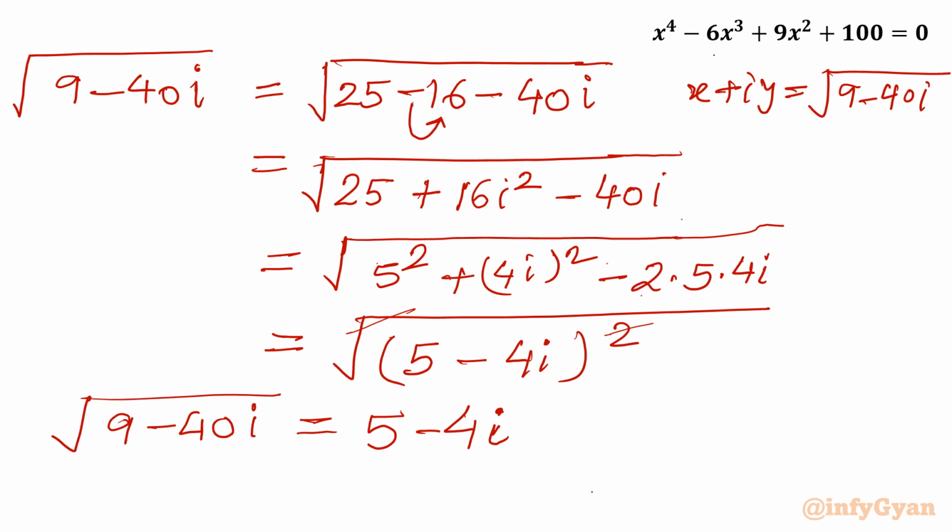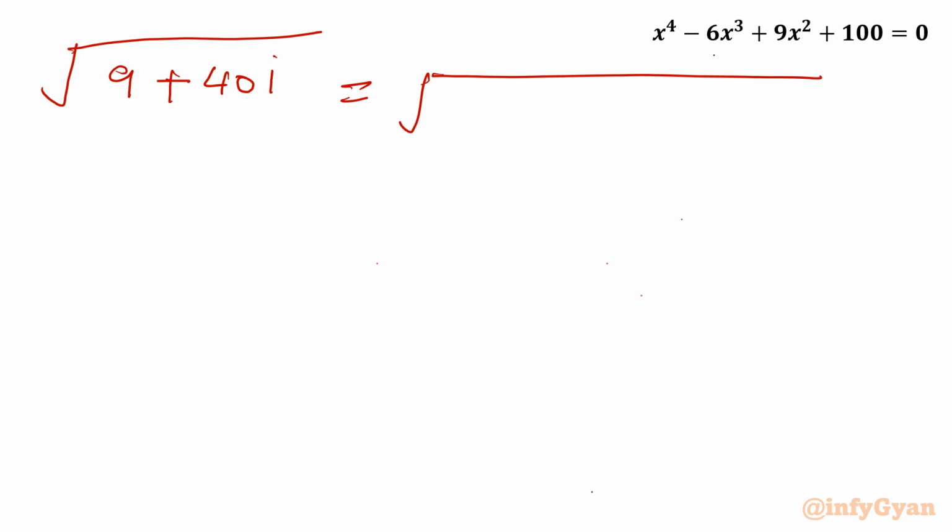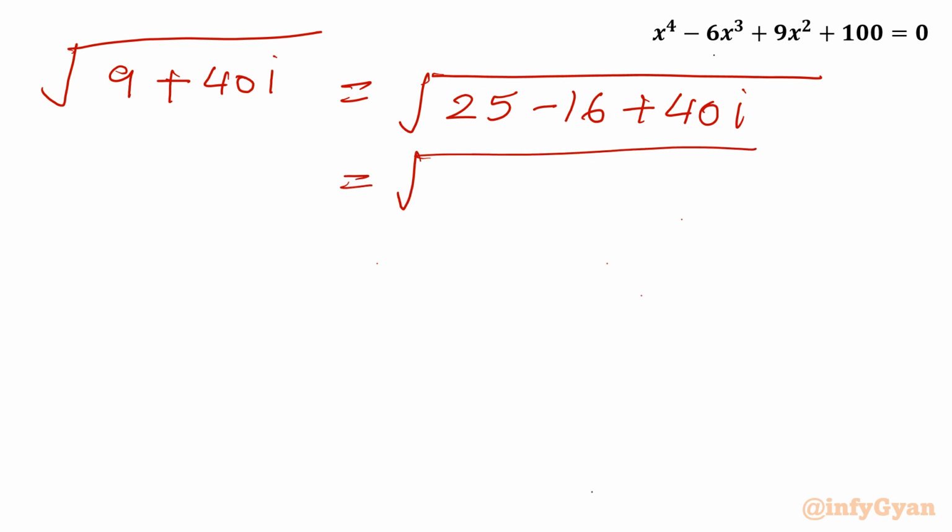Now let us calculate 9 plus 40i also. Where it will change? The identity will change. Same way we can write it is equal to square root of 25 minus 16 plus 40i, first step. Second step, square root of 25 plus 16i square, as i square is minus 1, plus 40i.